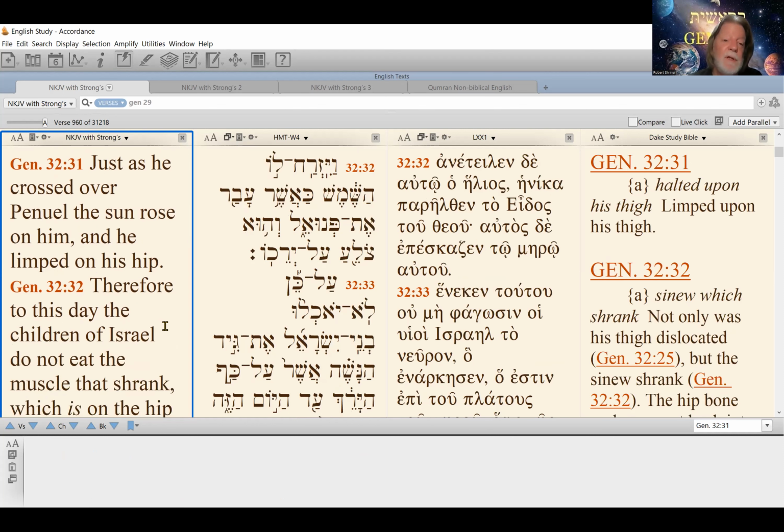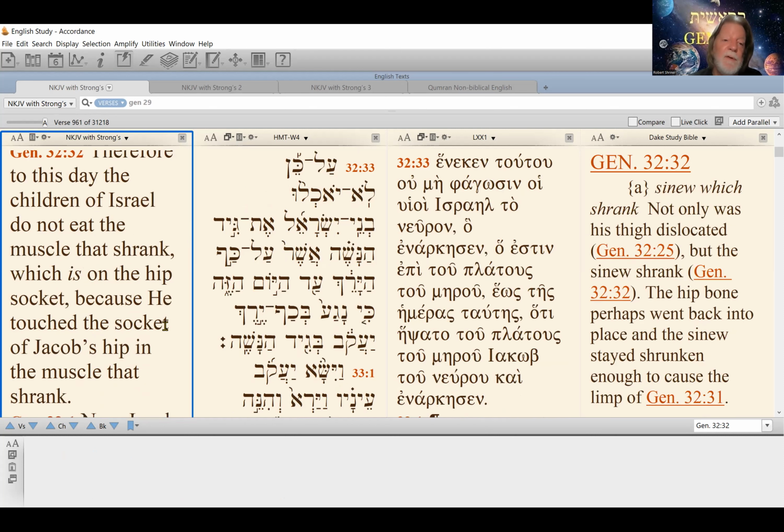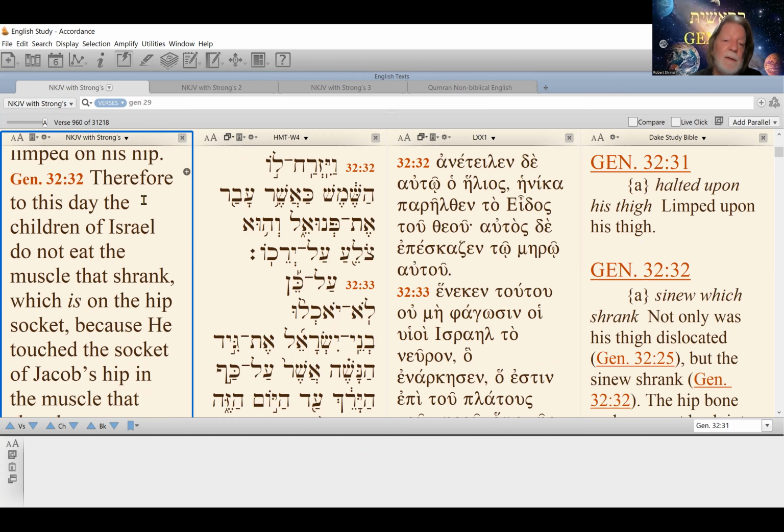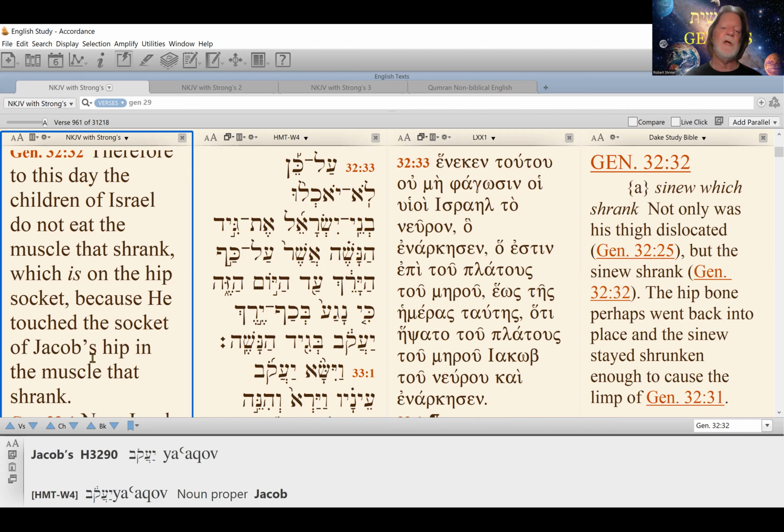Because, like I say, he couldn't go to the first aid clinic, couldn't go to the ER because he's out there in the desert. Therefore, to this day, the children of Israel, the Bnei Israel, do not eat the muscle that shrank, which is on the hip socket, because he touched the socket of Yaakov's hip in the muscle that shrank.